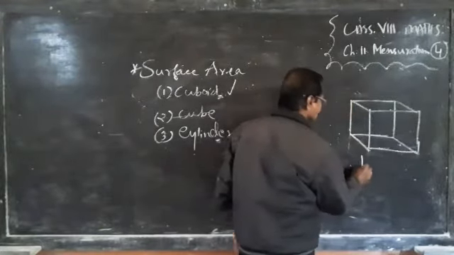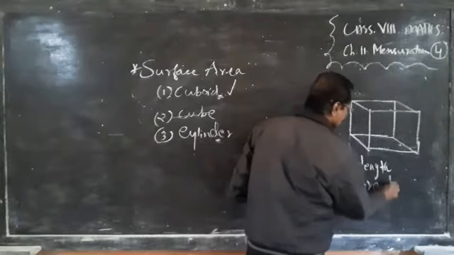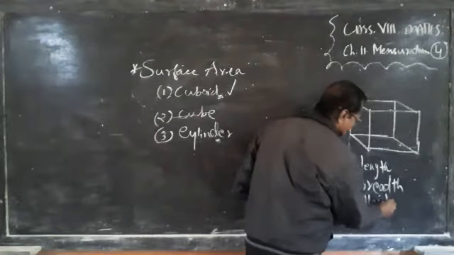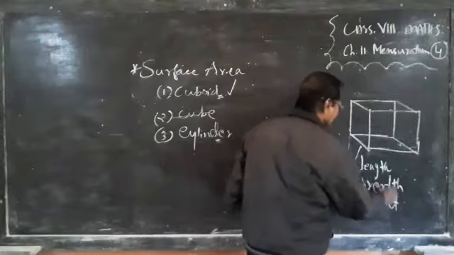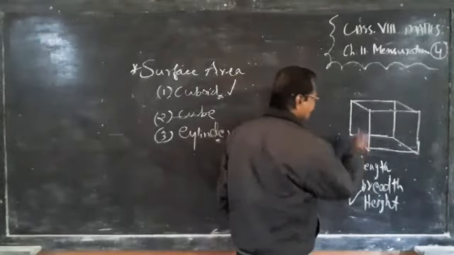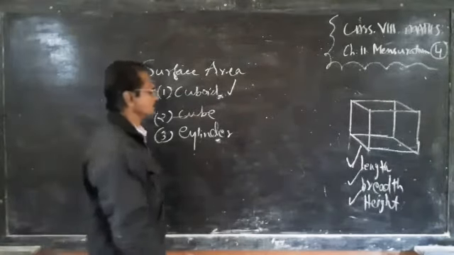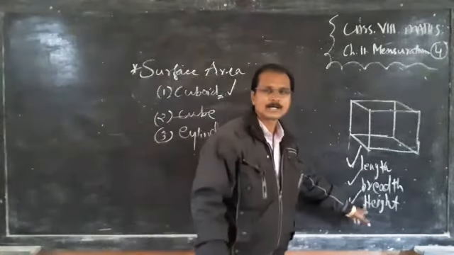It has length, breadth, and height. The three dimensions are L, B, and H. L means length, B means breadth, and H means height.